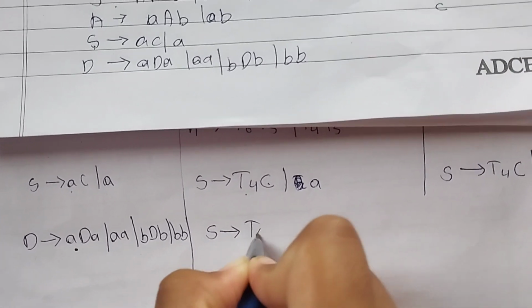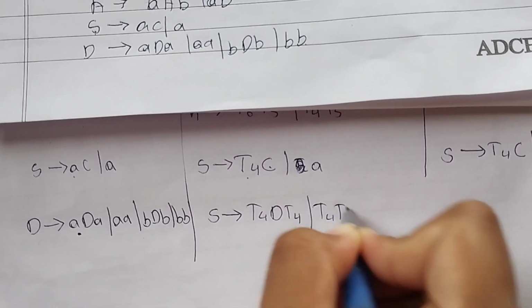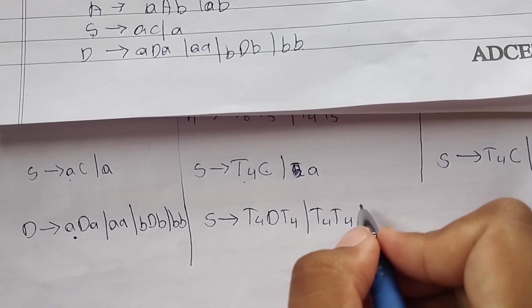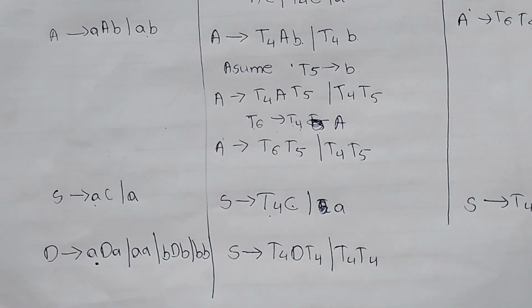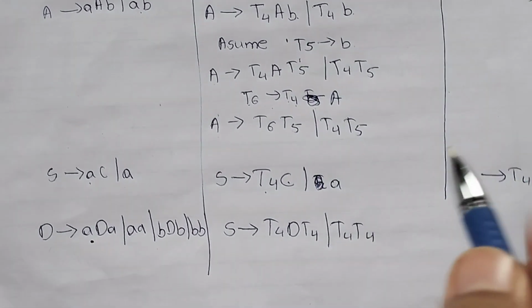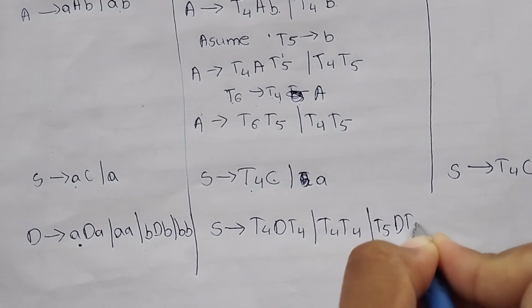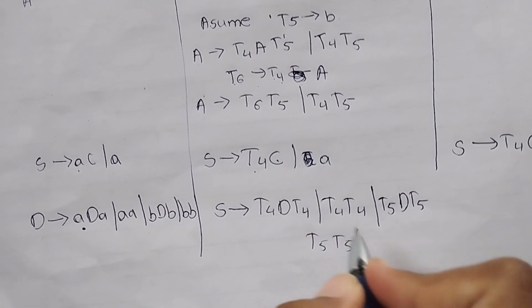So D reads T4 D T4, T4 T4. Then for B we also assume something. Let's see what. For B we assume T5. So we write this T5 D T5 and T5 T5.